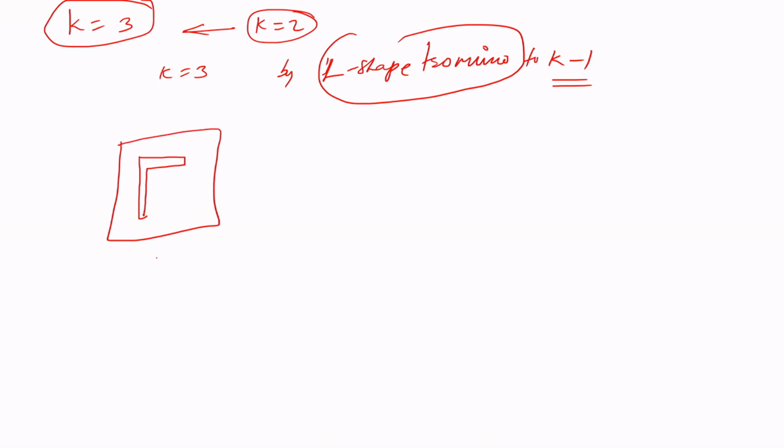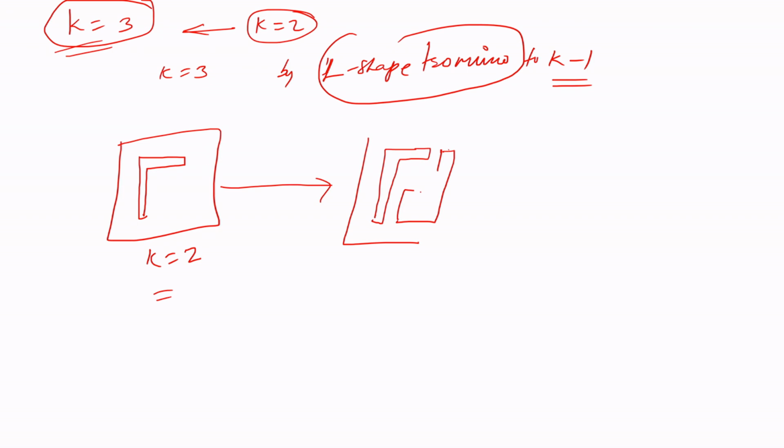And we have k equal to 2. I'm talking about k minus 1, right? So if we are going to build k equal to 3, then k minus 1 means this one. So in the L shape, if we have k minus 1, this is the L shape we are talking about. From here to here, we will make it like this, and another half L shape we can add like this, right? So this will be our k equal to 3.